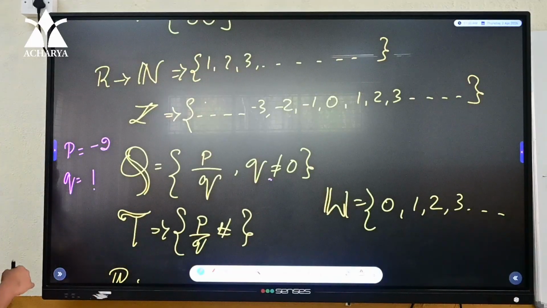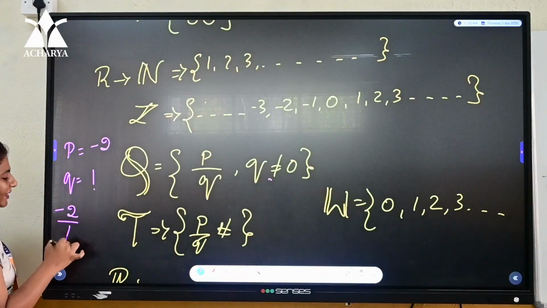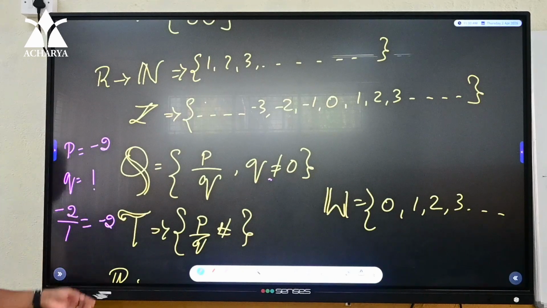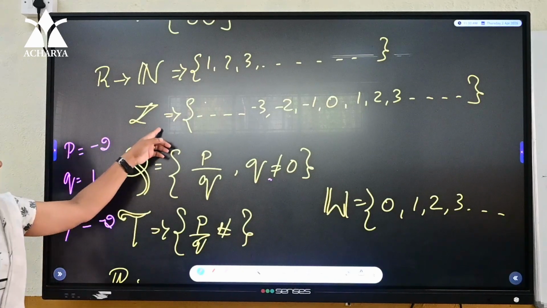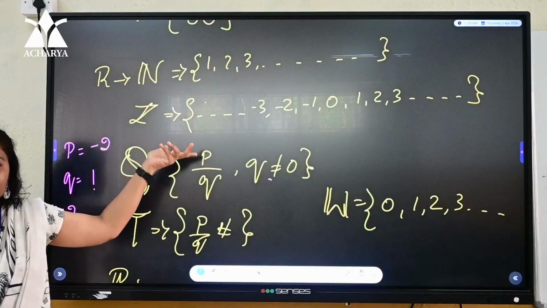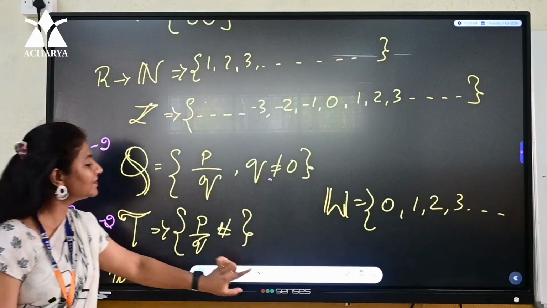So according to this, what happens? -2 by 1 always gives the value -2. So this -2 is included in the given integers. Yes. So what does it mean?